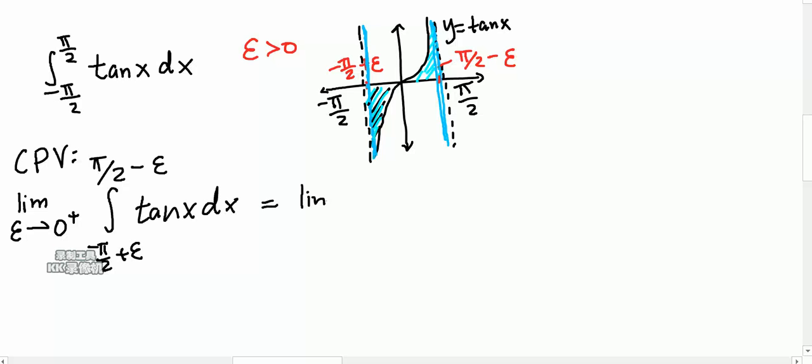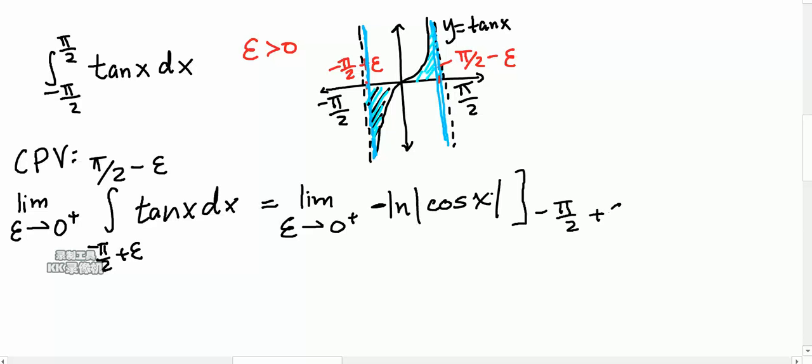I evaluate this, and this is equal to the limit as epsilon approaches 0 plus of the negative natural log of the absolute value of cosine of x evaluated from negative pi over 2 plus epsilon to pi over 2 minus epsilon.